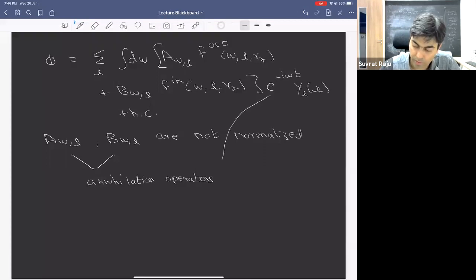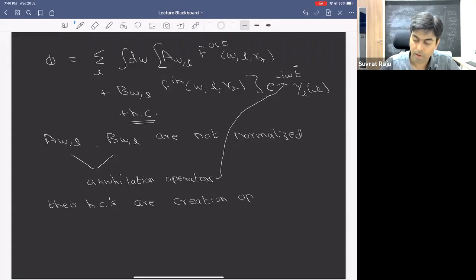Notice this e to the minus i omega t here. These are modes which reduce the energy that's conjugate to this time. If you act on a state with them, they tend to reduce the energy of the state, and so they are like annihilation operators, and their Hermitian conjugates, which appear here, so there's an HC, which is actually important, are creation operators.